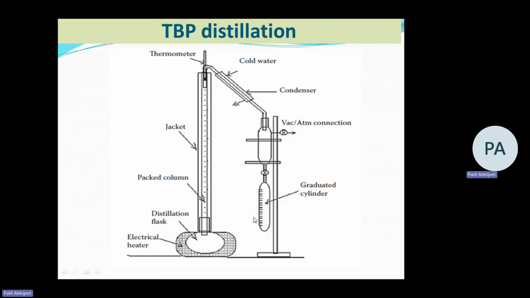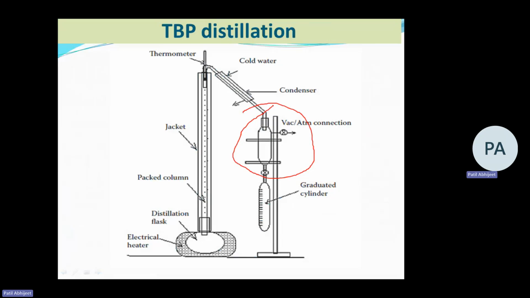The liquid coming out of the condenser is again charged to the distillation connection. There is a vacuum distillation unit, or it is considered an atmospheric distillation unit, connected here, and the condensate is collected in the graduated cylinder at the right side of the packed column.